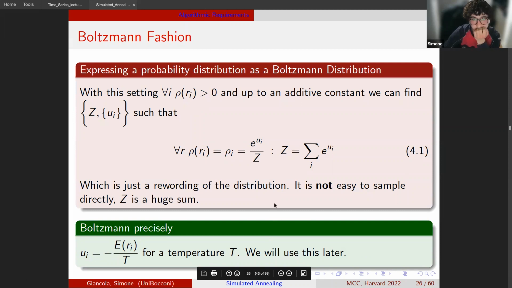This helps us because it will allow us to treat the decision problem in a precise way that we will see. Still, though, Z is not easy to evaluate. It's actually impossible to evaluate because it's a sum that goes over all possible configurations, so it's combinatorially exploding. We need to explore this further.